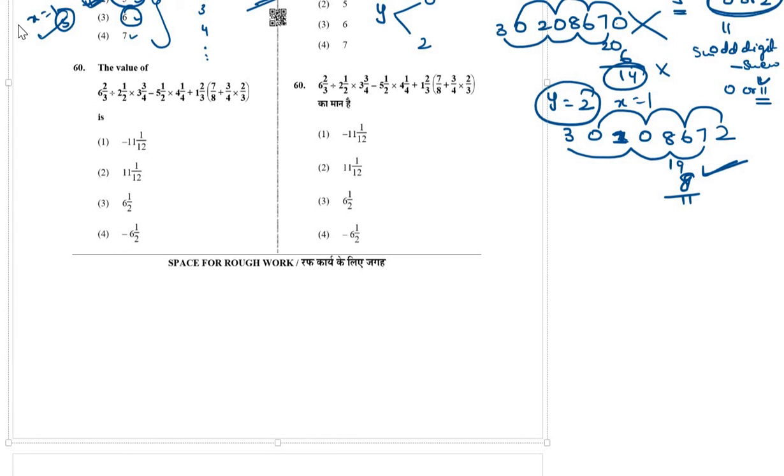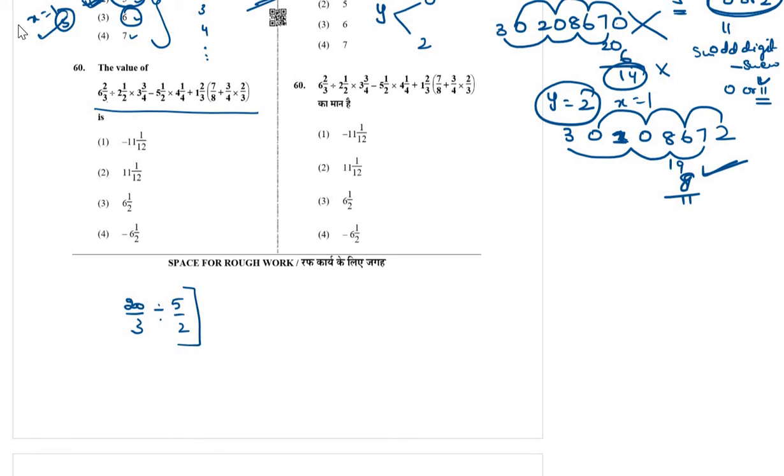Some value is given. So again we are going to use the BODMAS rule. Here it is 3 into, it is a mixed fraction, normal multiplication. 6 3s are 18, 18 plus 2, 20 by 3, divided by 2 2s are 4, 4 plus 1, 5 by 2. It is within a bracket we have to write, because in the division we always do the division first. And then 3 4s are 12, 12 plus 3, 15 by 4.